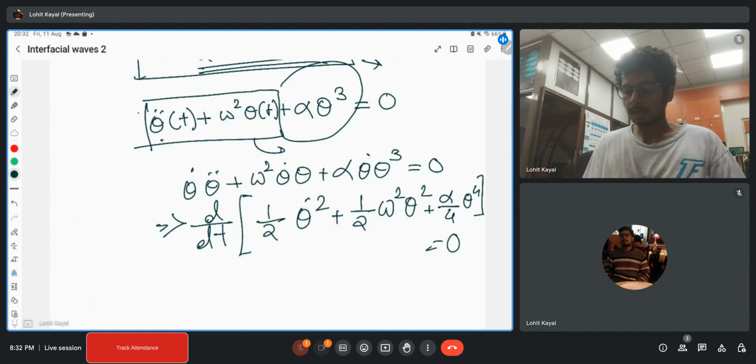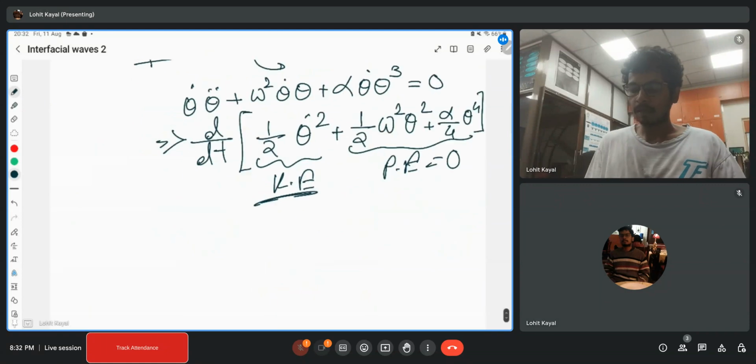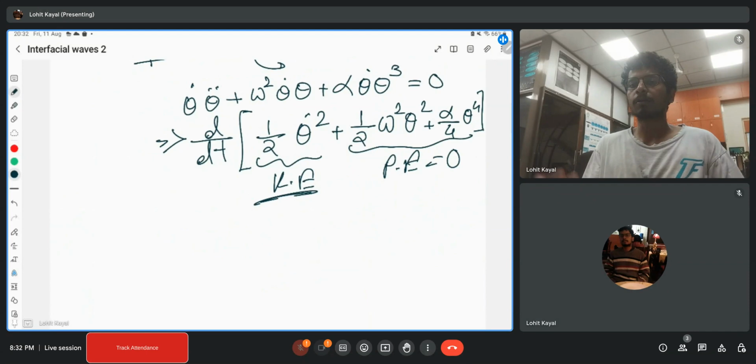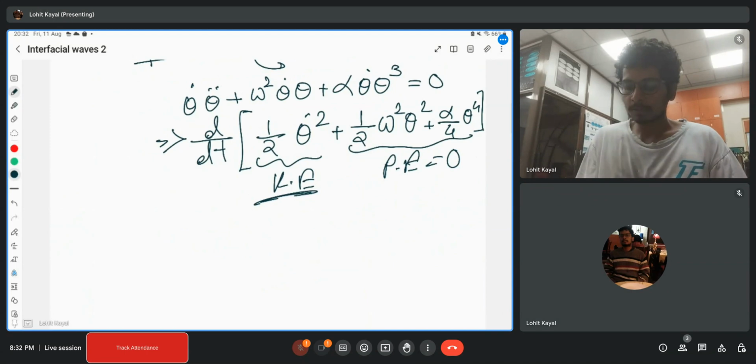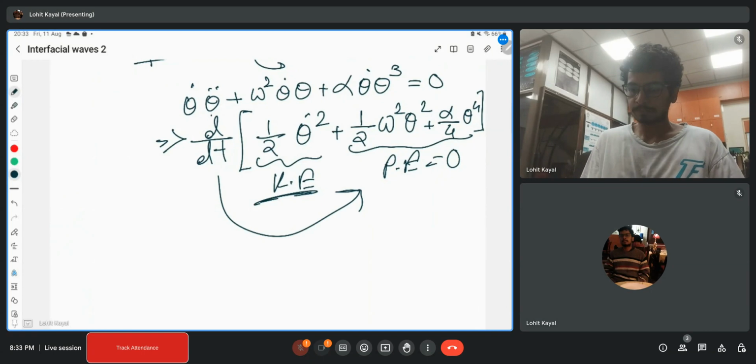You will see that this is the correct answer. Here this is the kinetic energy because it has half v square. This is the potential energy, and KE plus PE is your total energy, and d/dt of your total energy is 0 because there is no viscosity or damping in your system. So it is just showing that energy is conserved.